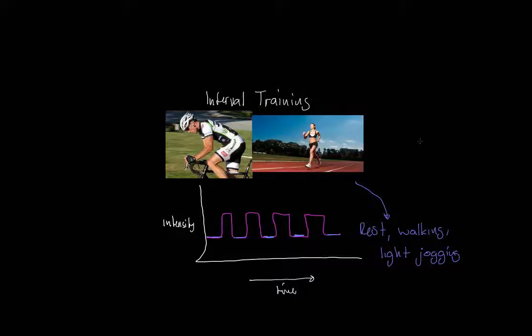Another term I'd really like to introduce to you, and we can see it very clearly in that very poor illustration I've made, is the idea of the training itself being intermittent. So we've got low intensity, higher intensity, lower intensity, higher intensity, and we describe this as intermittent training. In fact, intervals can be replaced by the word intermittent training, so it's a nice one for you to get to know. The other point I would like to make is that interval training is really controlled by the recovery period.